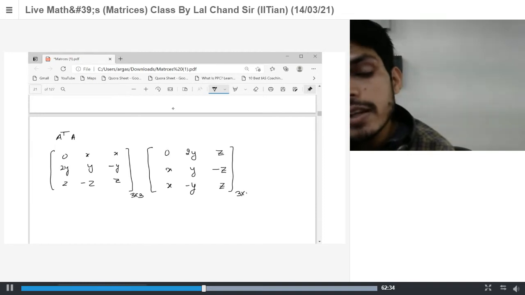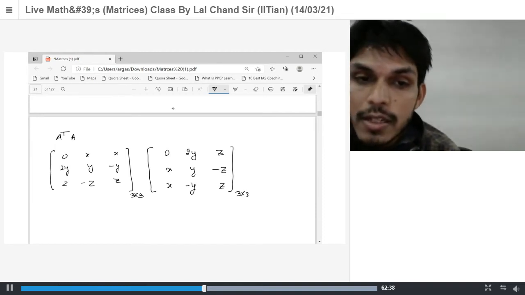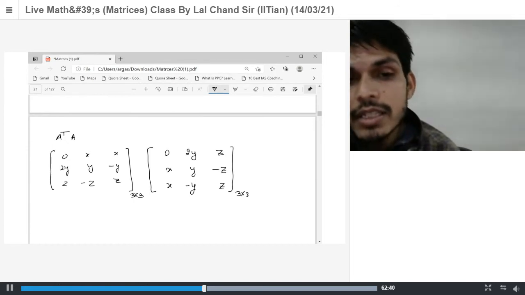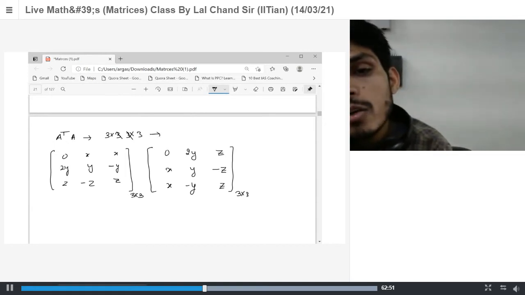So this is defined. There is no problem in the multiplication of A transpose into A. So we can say this is defined because the order will be here 3 cross 3, here we have 3 cross 3. So this gets cancelled. So finally the order is 3 cross 3 and defined.